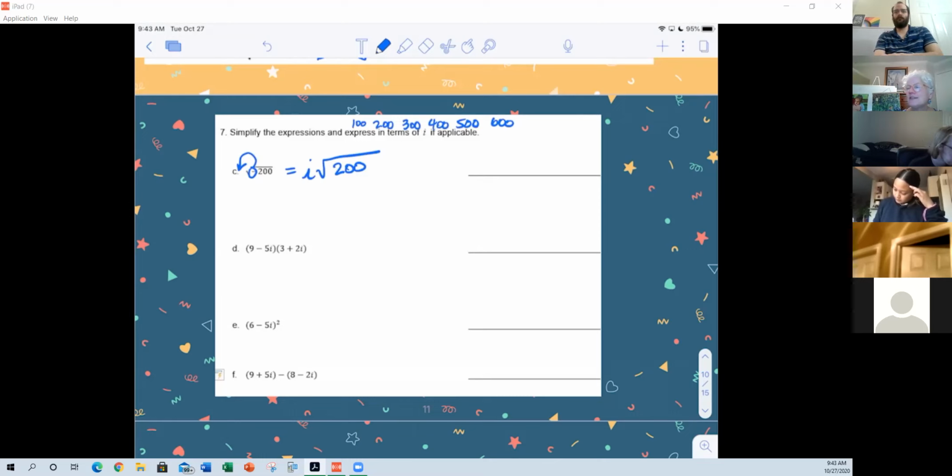So if you have something that's got 100 inside of it, like a 200 or 300 or 400, 100 is a perfect square. So this would be i times the square root of 100 times 2. And that's the same thing. You can always break that up. That's the square root of 100 times the square root of 2. And the square root of 100 is just 10.